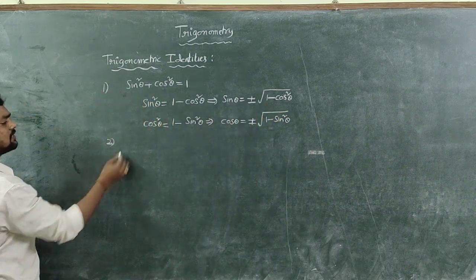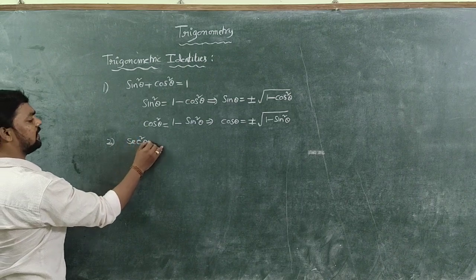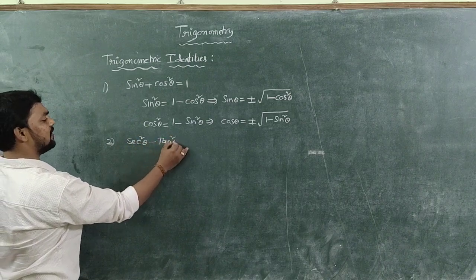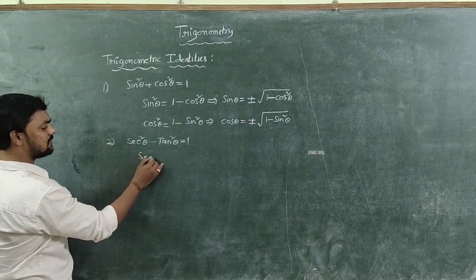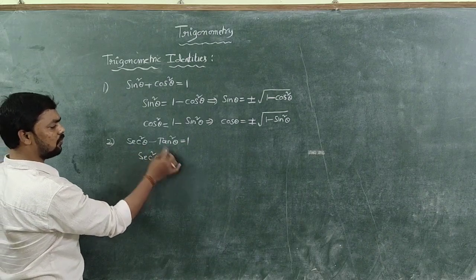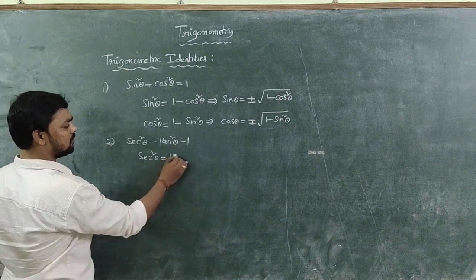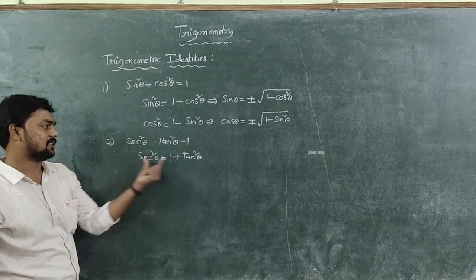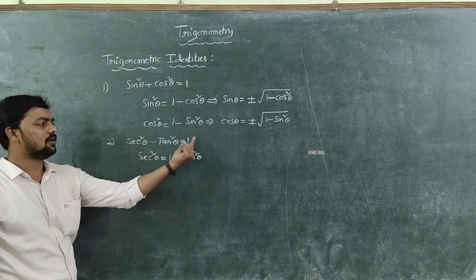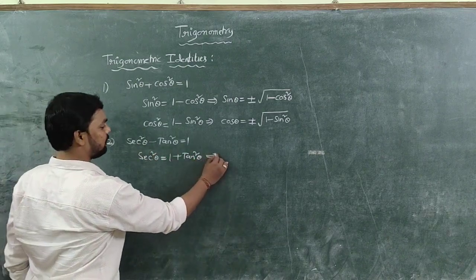The second one is sec square theta minus tan square theta is equals to 1. So from this, the minus will be transferred to that side, sec square theta is equals to 1 plus tan square theta.